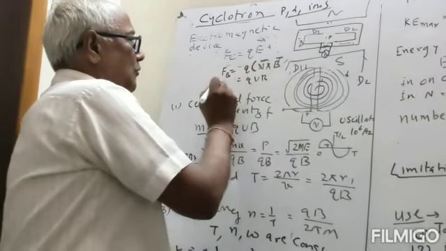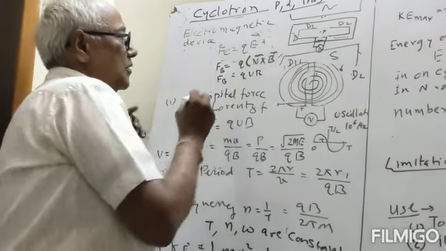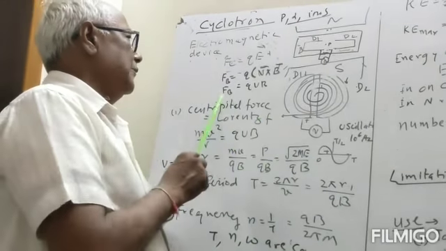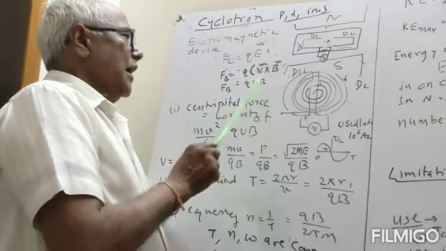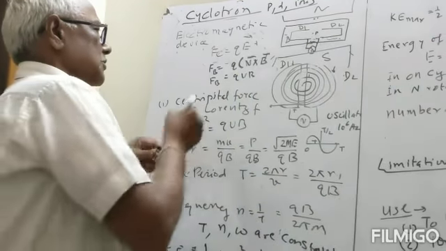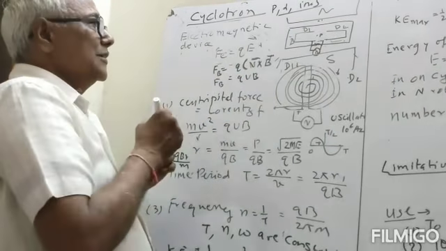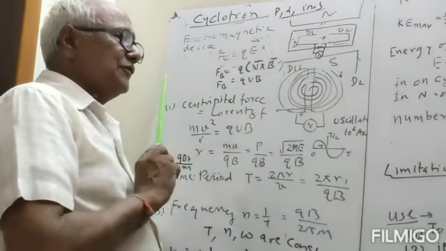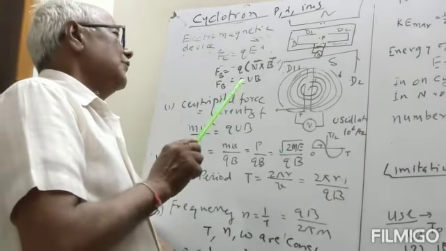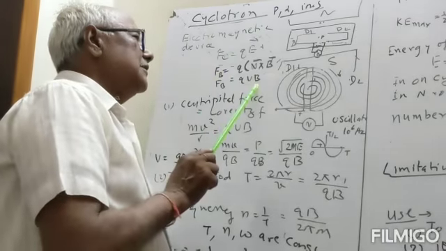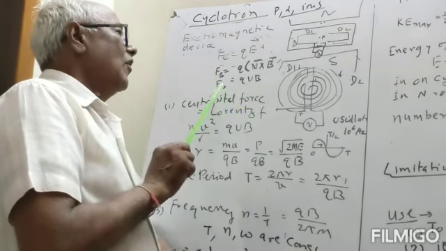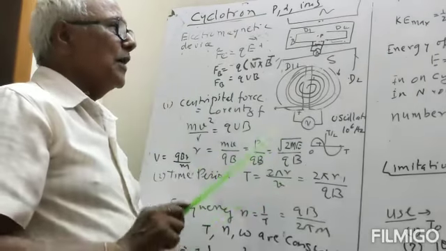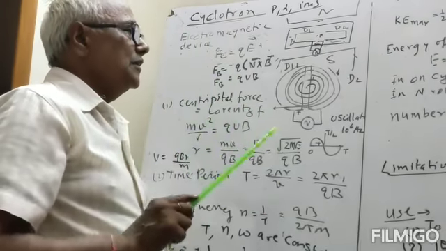So the magnetic force FB will be equal to qvB. Due to this force, there will be a circular motion and the velocity will not increase, as we have discussed earlier, and only the magnetic field will give the circular path to the charged particle.